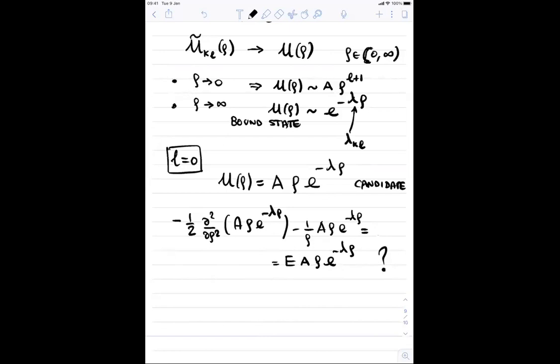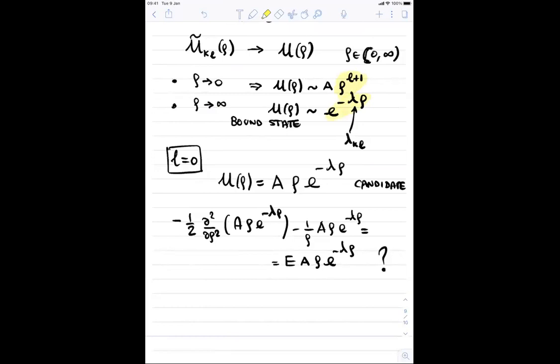How did you get U of rho? U of rho, I invented. It's the simplest function that has the right behavior close to rho going to 0, which I urge you to look at in the notes to see why it should be like this. So for L equals 0 it should go linearly to 0, and for large distances it is exponentially decreasing with a factor lambda.